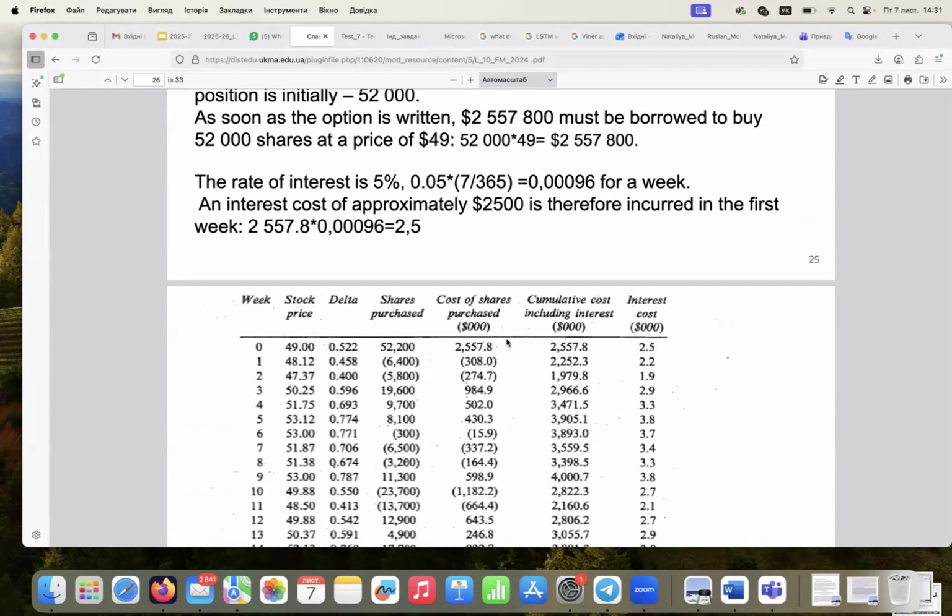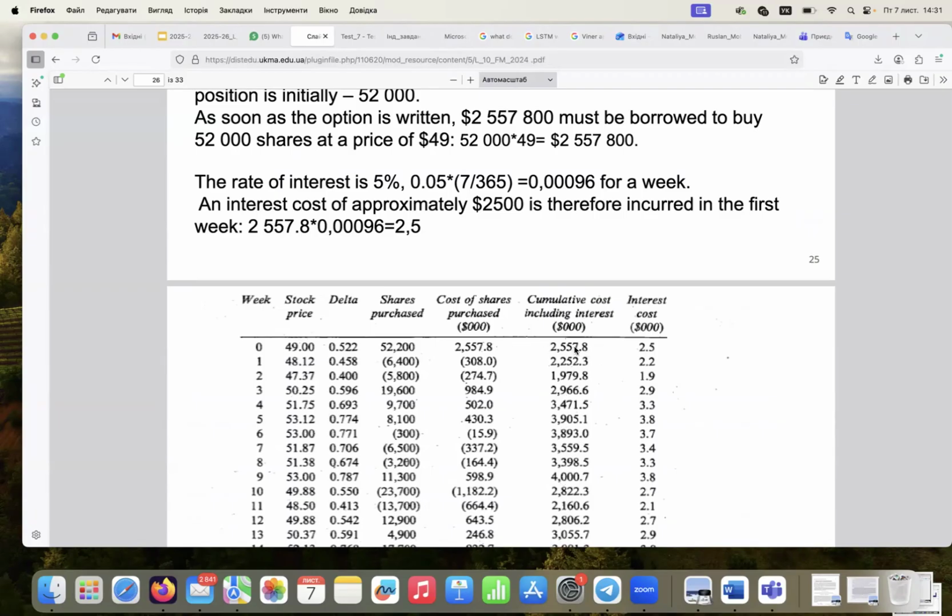So we borrow, and if the sum for all these weeks will be 240 thousand, it will be okay because it should be the fair price according to the Black-Scholes formula.